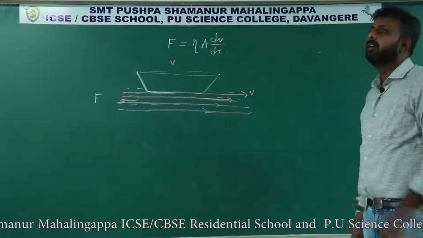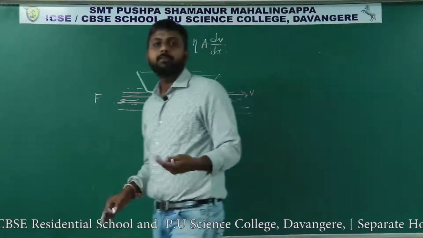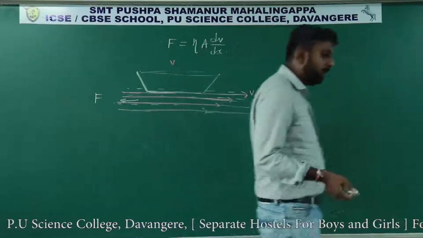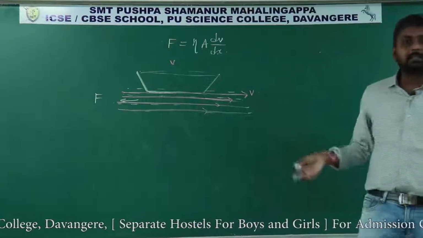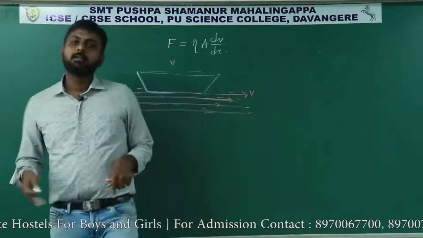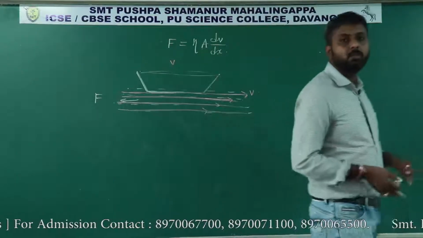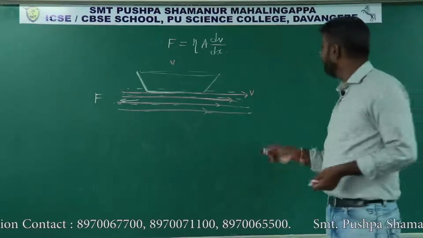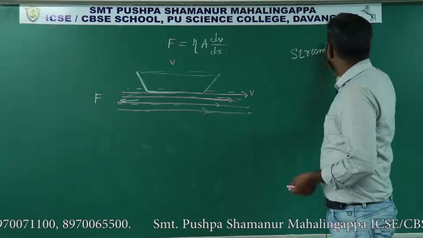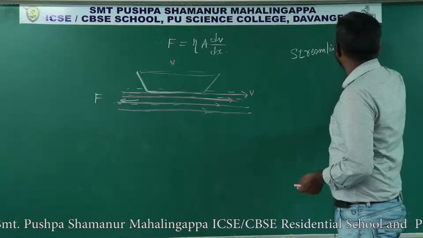Then we have to minimize or reduce the viscous force or drag force. So what we do while designing aeroplanes, boats or motor cars, especially those used in racing such as Formula 1, is design them in a streamlined shape.